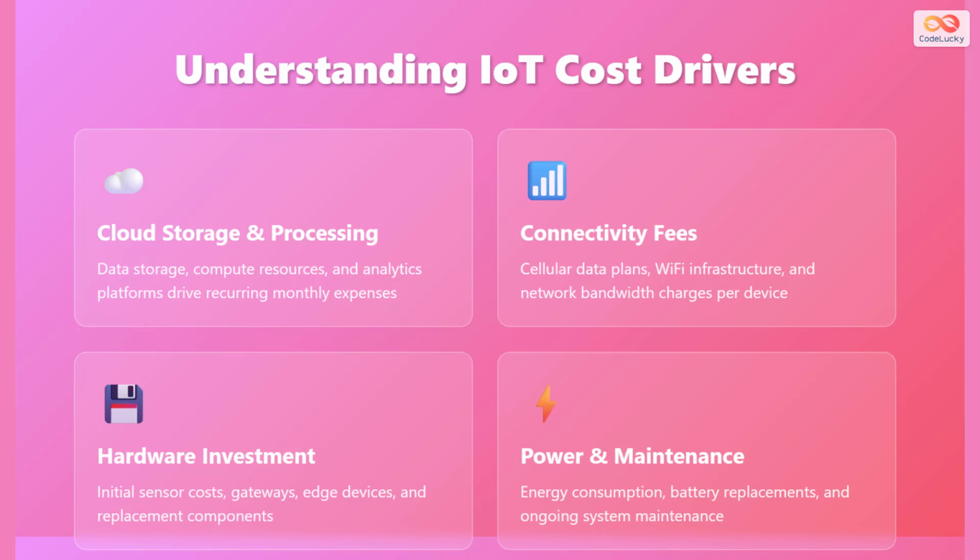Hardware investments include the initial purchase of sensors and gateways, plus ongoing replacement components. Finally, power and maintenance costs encompass energy consumption, battery replacements, and the labor required for system upkeep. Each of these categories can be optimized independently to achieve substantial savings.